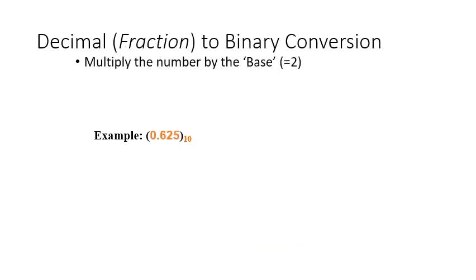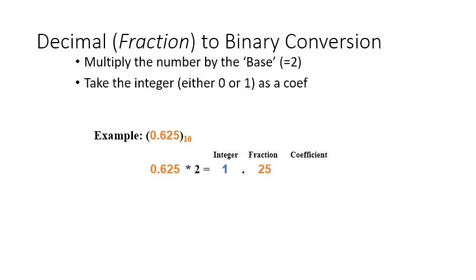So, decimal to binary conversion in the case of the fractional portion. In the case of a fraction, for example we have 0.625, you have to repeatedly multiply it by the base. So first you will multiply it by 2, the integer will be 1 and the fraction will be 0.25.